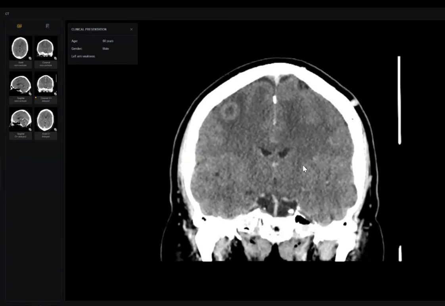On the basis of these images, my first differential would be metastatic deposits, as the patient is very old. So I will check the history of the patient and the previous record of the patient. If the patient is a known case of any malignancy, then these are most likely metastatic deposits. Other differentials could be primary brain tumors or brain abscesses. However, I could not appreciate any significant meningeal thickening or enhancement in these images.